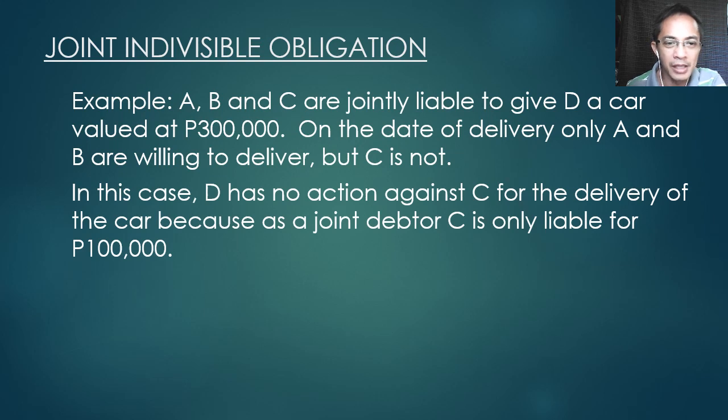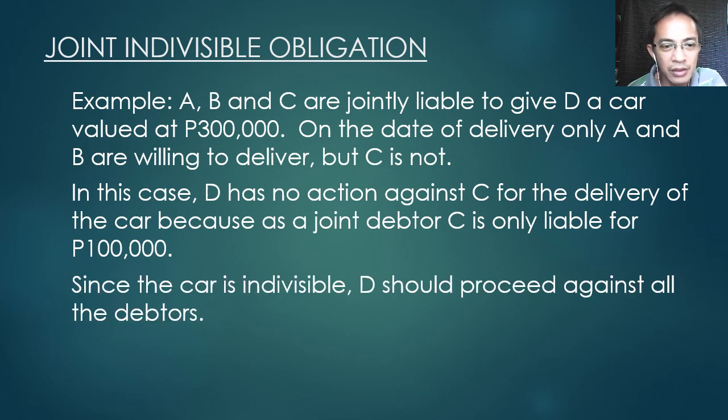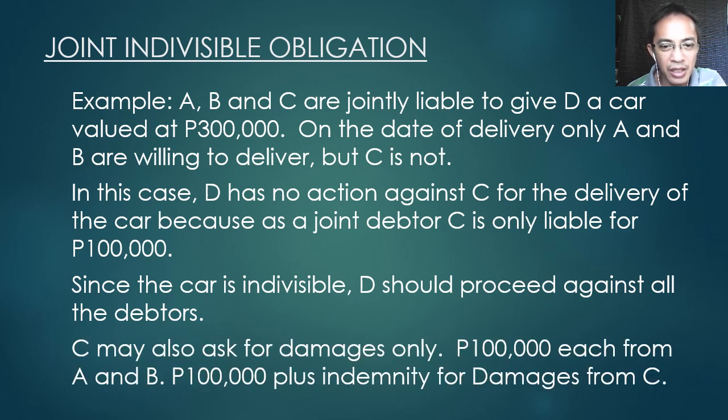In this case, D has no action against C for the delivery of the car. Because as a joint debtor, C is only liable for 100,000. And so are A and B. Tig 100,000 lang ang liability nila. So, anong gagawin ni creditor? Since the car is indivisible, D should proceed against all the debtors. D may ask for damages only or 100,000 each from A and B, yung share nila, kasi wala naman silang kasalanan.